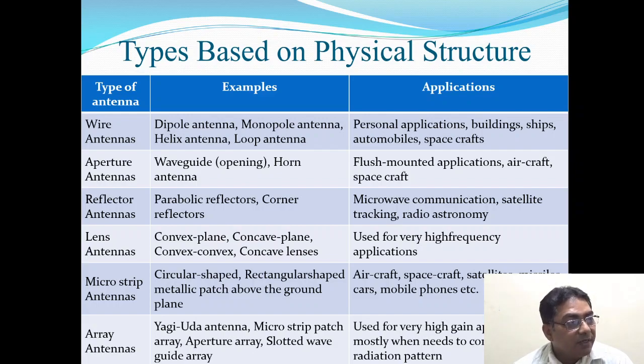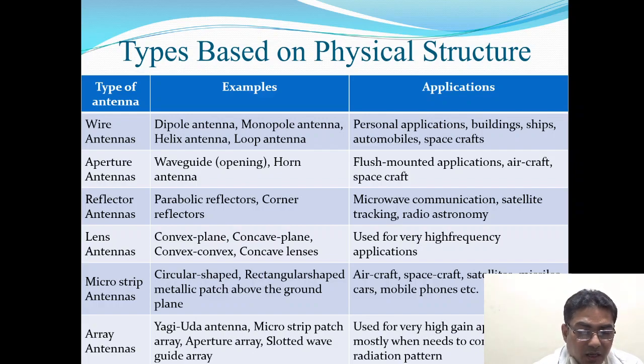Here are some examples mentioned: circular shaped, rectangular shaped, metallic patch above the ground plane. These are examples of microstrip antennas, which are used for aircraft and, as already told, for mobile phones. And then the last category is the array antenna. Array antennas consist of different kinds of arrays.